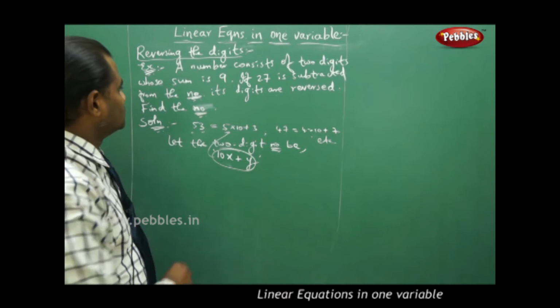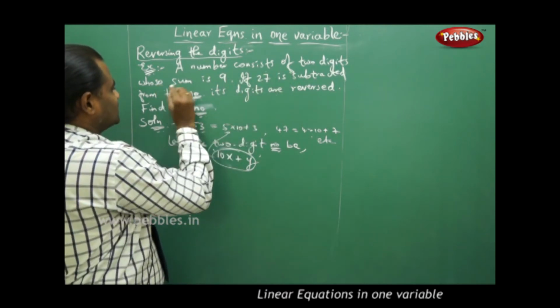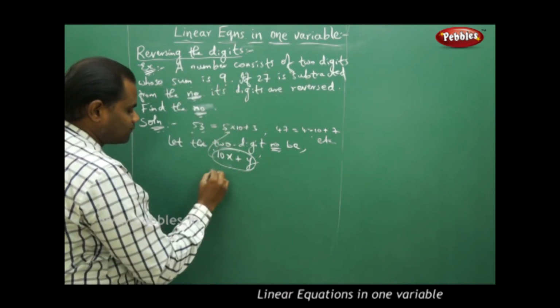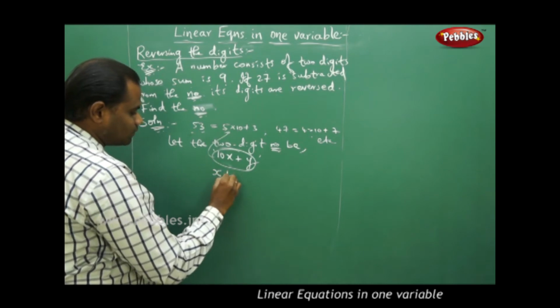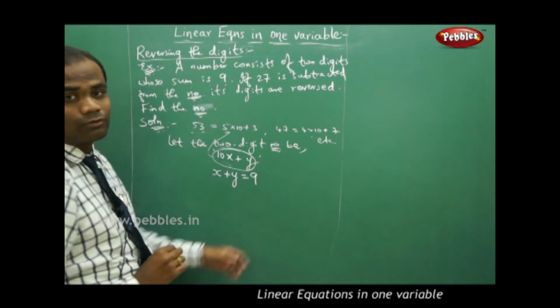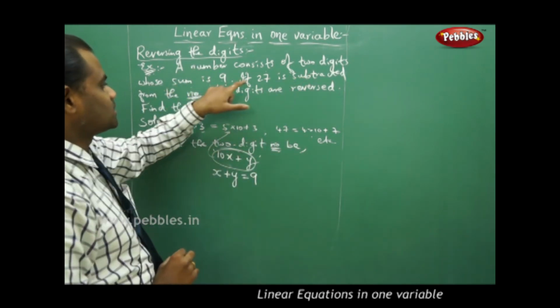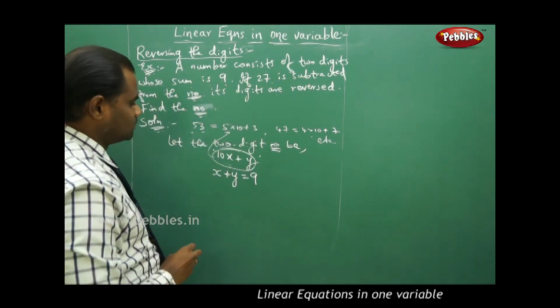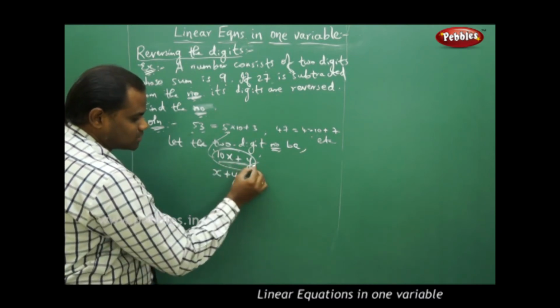Now a number consists of 2 digits and it is said that the sum of the 2 digits is 9. So if x is the first digit and y is the second digit, then x plus y equals 9 using the condition from the statement. Next, if 27 is subtracted from the number, now the actual number is 10x plus y.